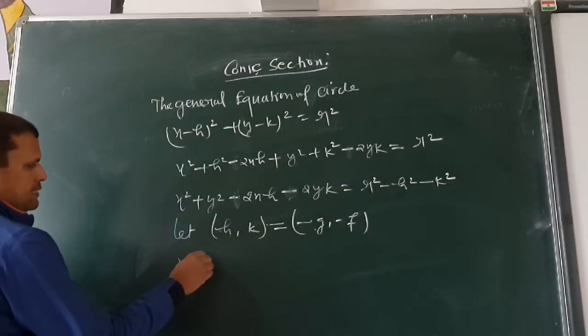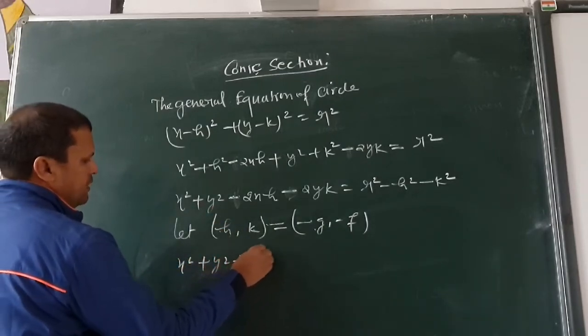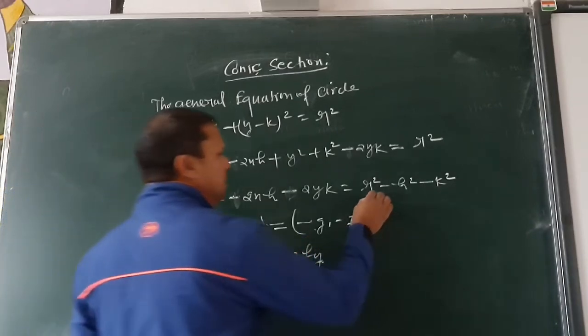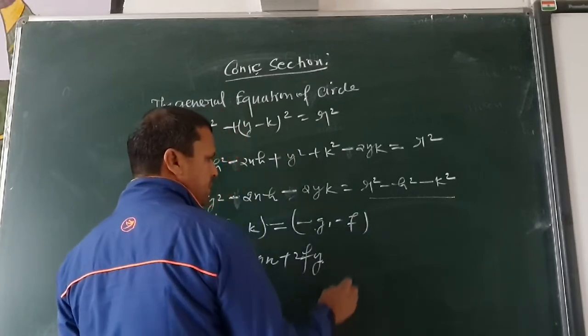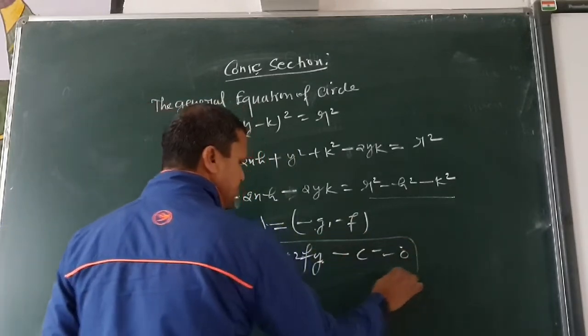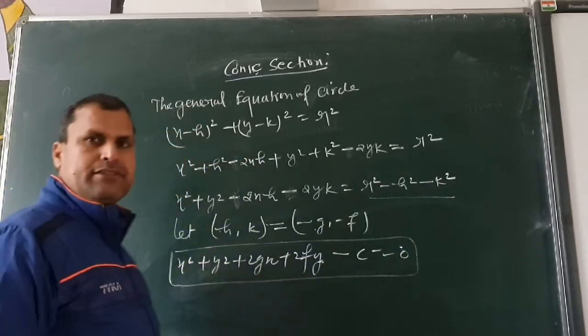So x square plus y square plus 2gx plus 2fy, and this is equal to c. So it is minus c equal to 0. So this is the general equation of circle.